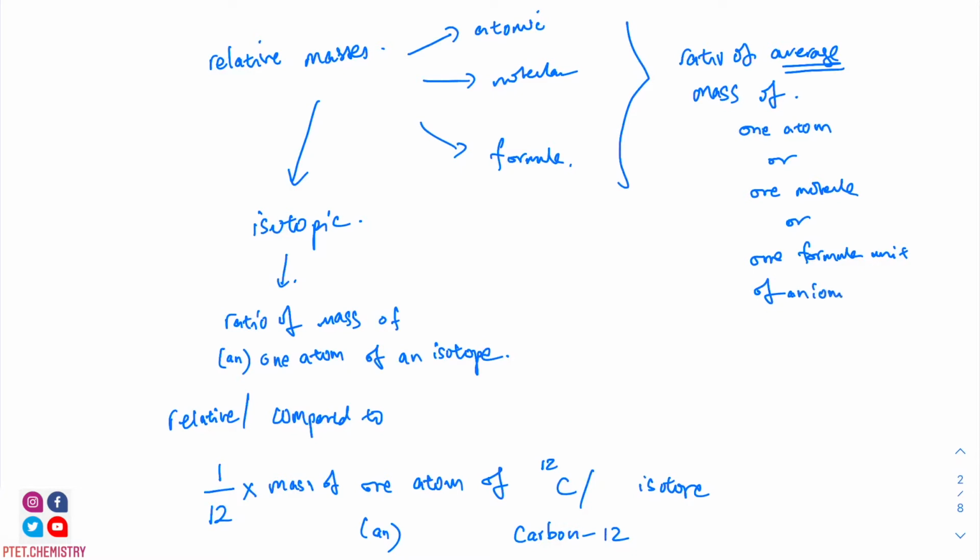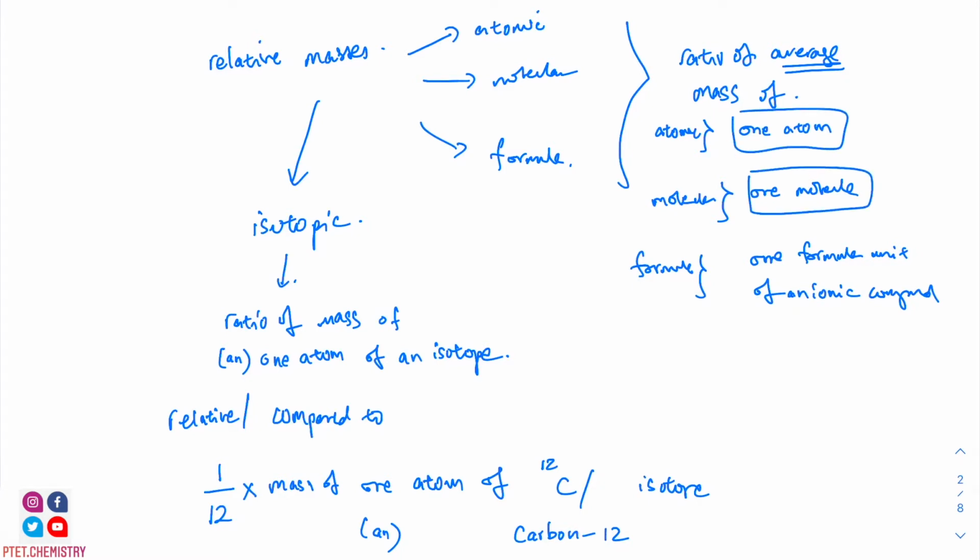They're just different names really. Atomic, you are talking about one atom. Molecular, you are talking about one molecule. The relative formula mass, you're talking about one formula unit of an ionic compound.